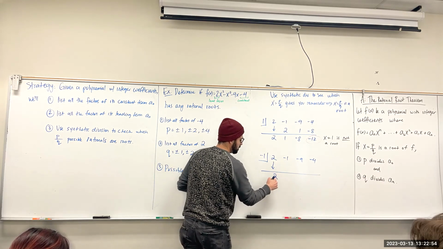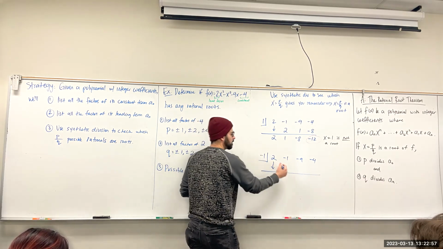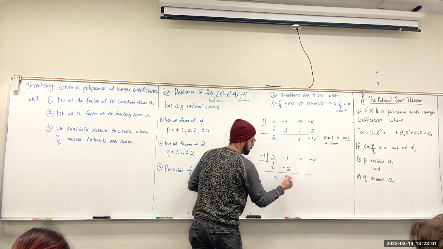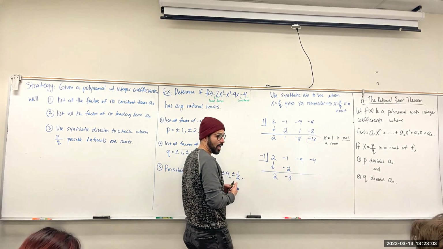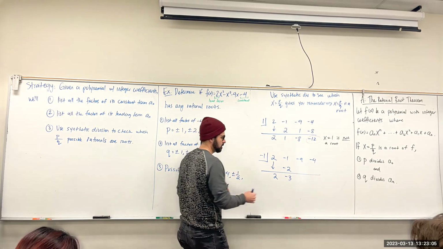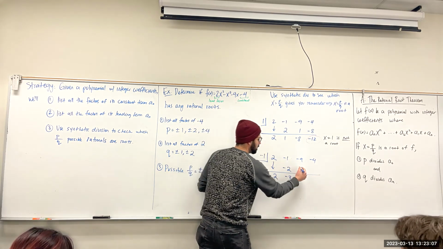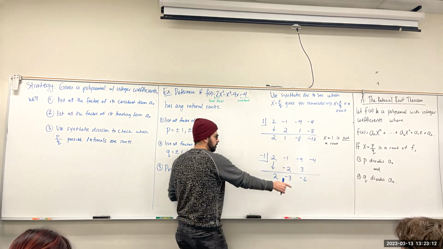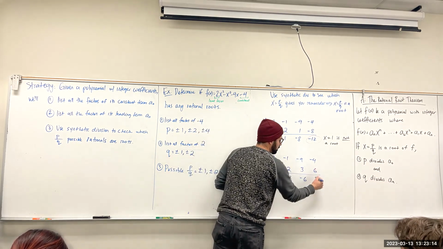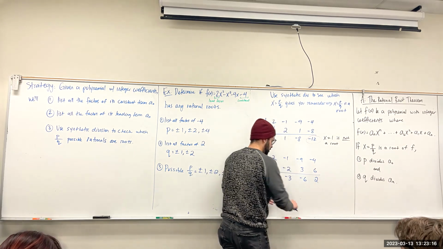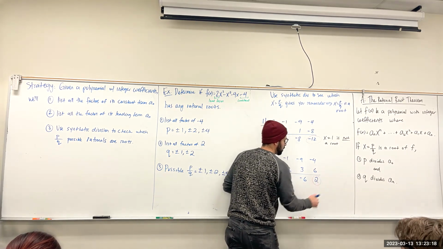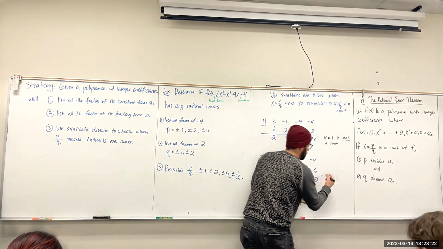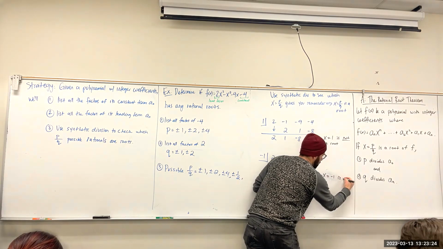Bring down the 2. 2 times -1 this time. Add straight down. This is going to give you lots of synthetic division practice. -3 times -1 is +3. Add straight down, -6. Multiply with -1. That gives me remainder 2. Nope, I want remainder 0. So x equals -1 is not a root.